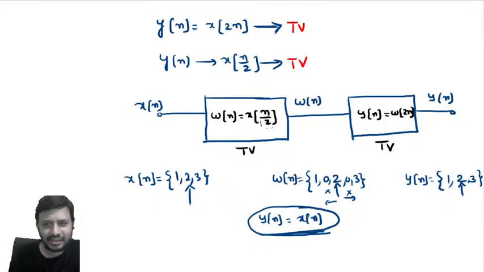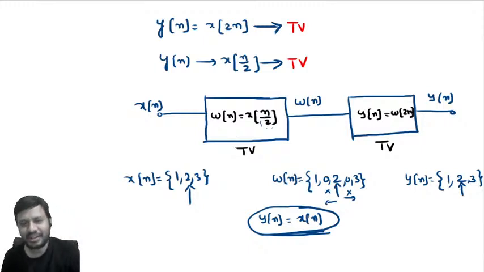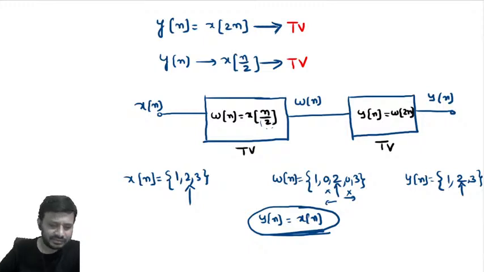But if you reverse the operations, see, interpolation first of all I took, after that I took decimation. But if you take decimation first and interpolation next, you won't be getting the same output. So in that case, we will have a different analysis. Right, this is the answer.